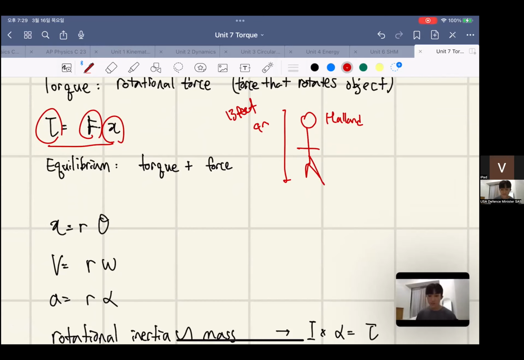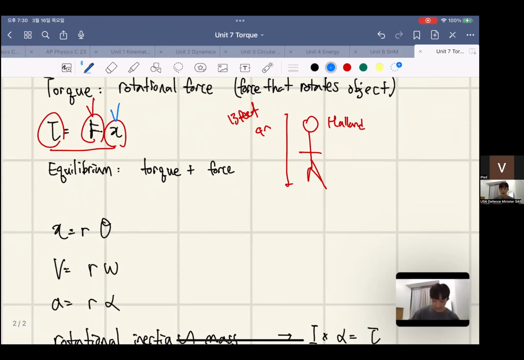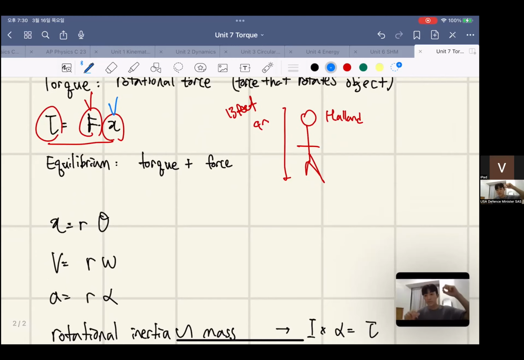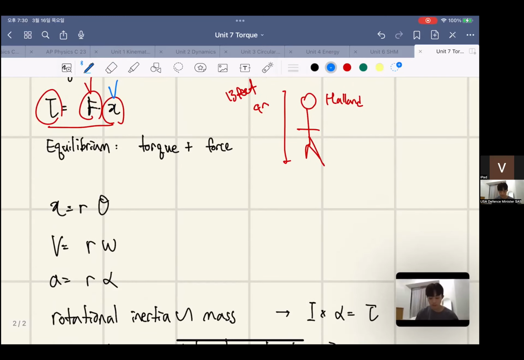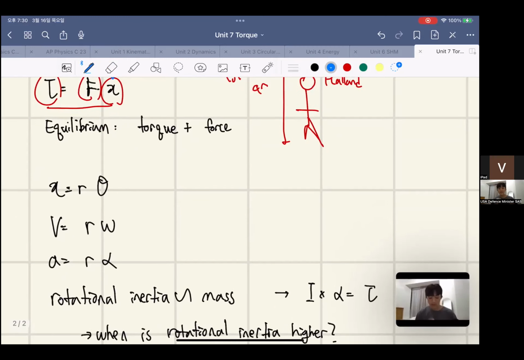So even with the same force, if he kicks the ball, his x, or the distance from his feet to the axis of the rotation of his feet, is extremely long. His leg is so long that even with the same power, he can still kick the ball much stronger because he's rotating his legs so much faster. So that's one thing. That's why he's doing extremely well in the league. But anyways, that's why tau, or torque, is equal to F times x.